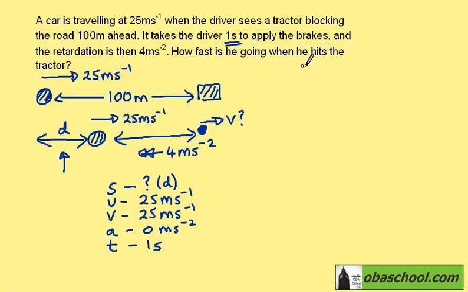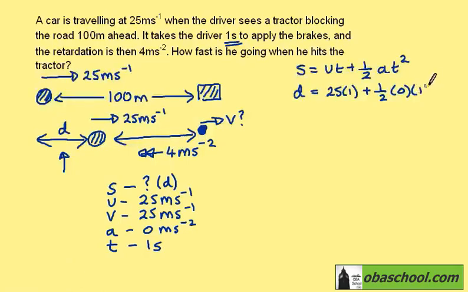If we use the formula s equals ut plus a half at squared, we've called s d, and this is equal to 25 times 1 plus a half of 0 times 1 squared.